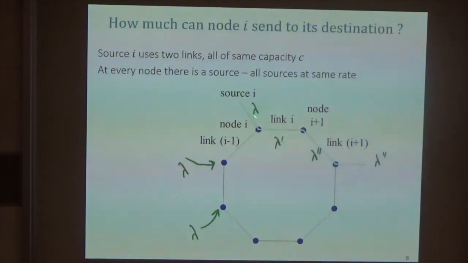So there is source i that sends to destination i plus 2, and at every node there is one. So there are as many sources as there are nodes and edges on this ring here.